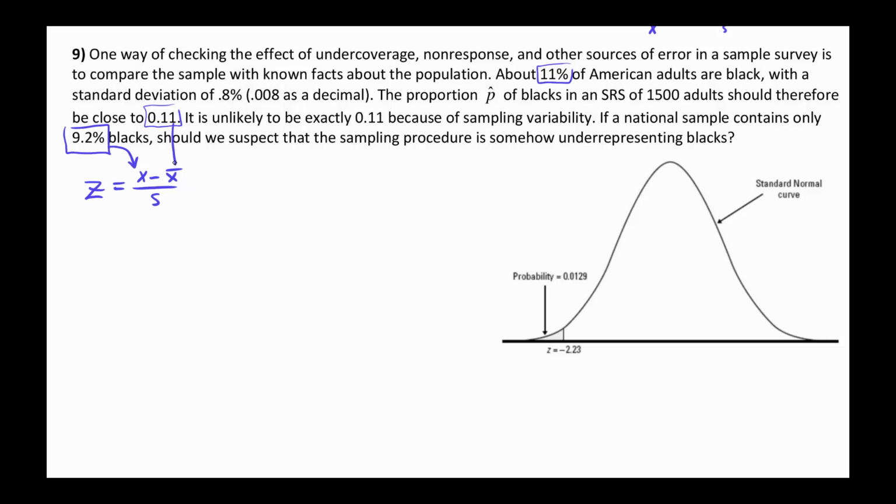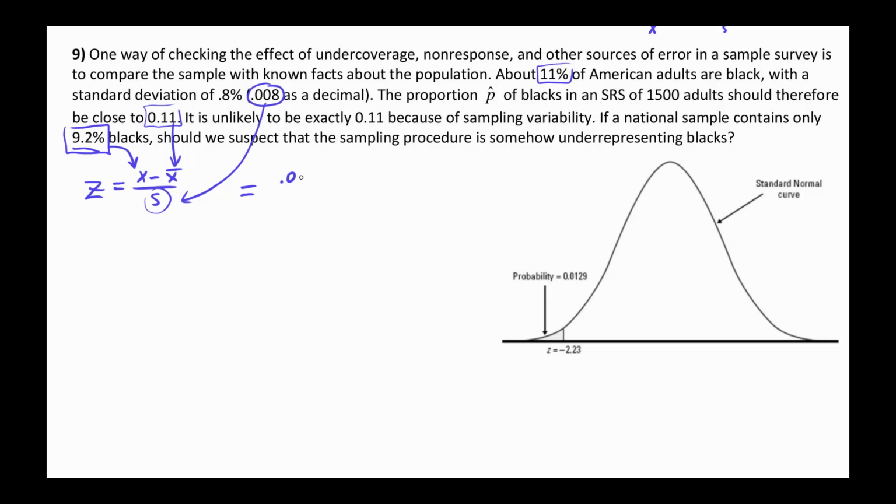X bar is the 11%. That's the ideal, the average for the whole population. S, they will usually tell you, and I believe they tell us the standard deviation is 0.008 as a decimal. So what happens if I put all of those things in? Where will I fall? What will my z-score be for this specific value?